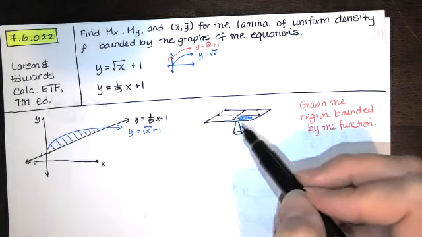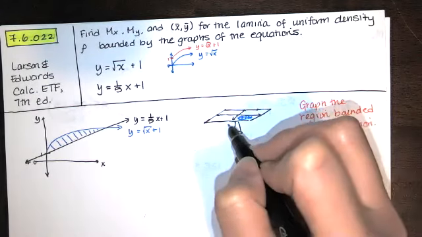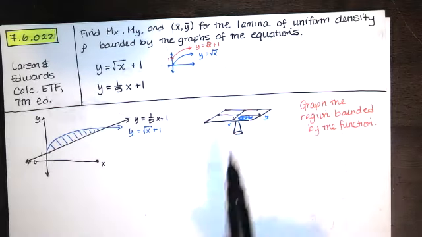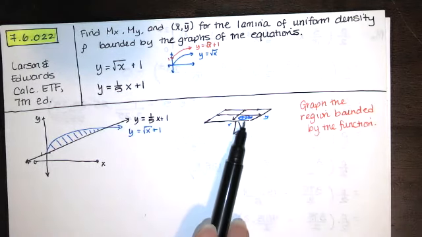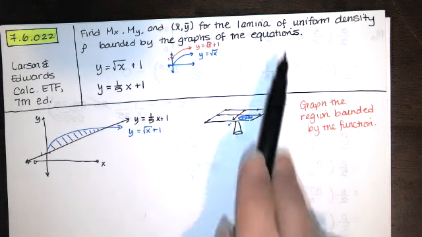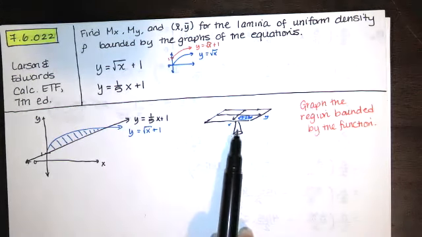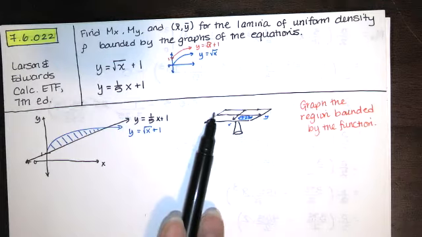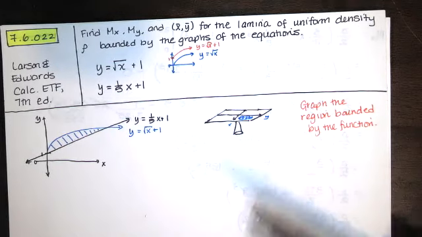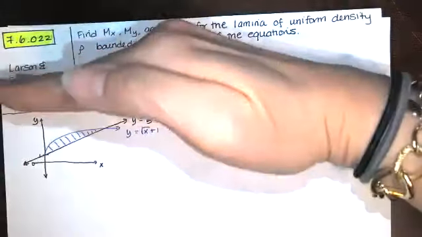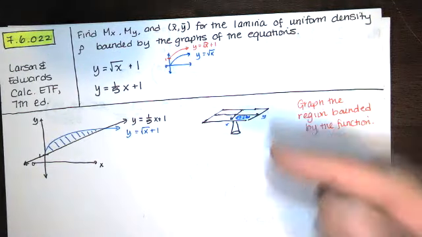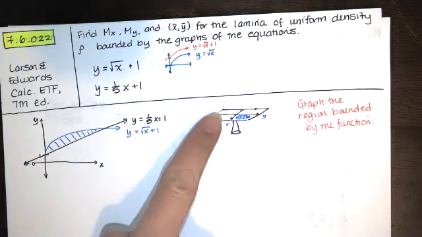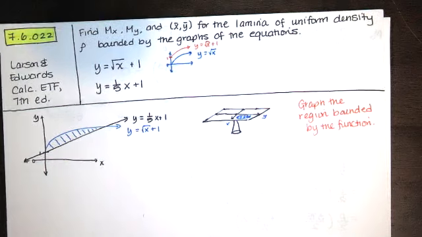And the question is, if this is the x-axis and this is the y-axis, does the mass of this planar lamina cause the entire system to rotate about the x-axis? So does it rotate to the top or to the bottom here, or like to the left or to the right, if we look at it in that way?